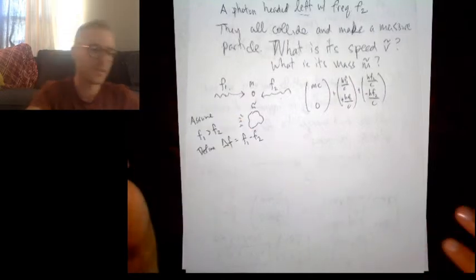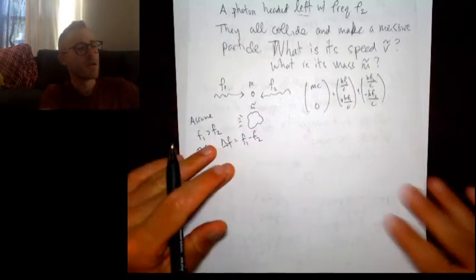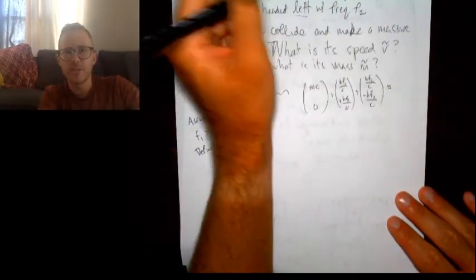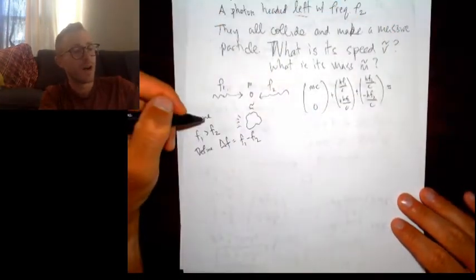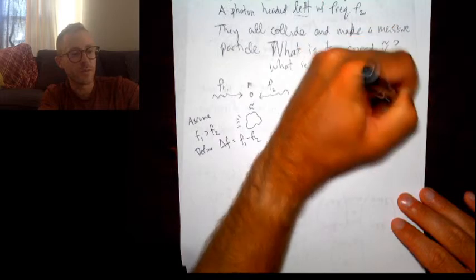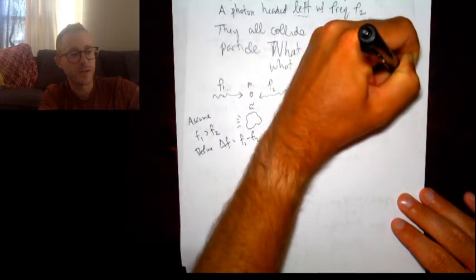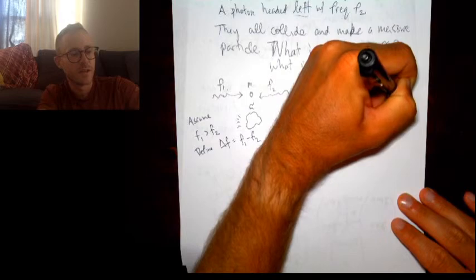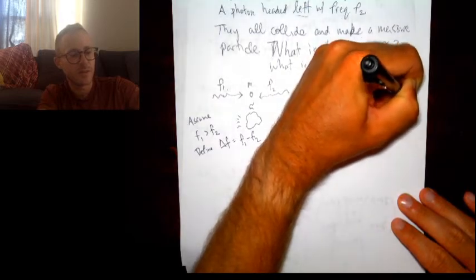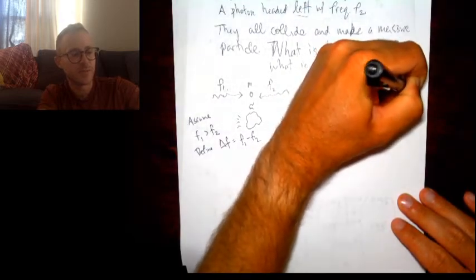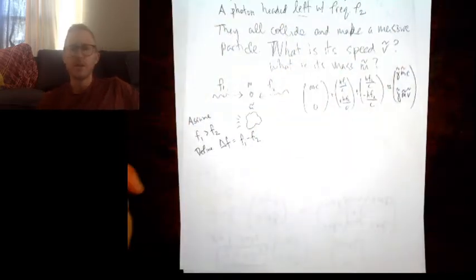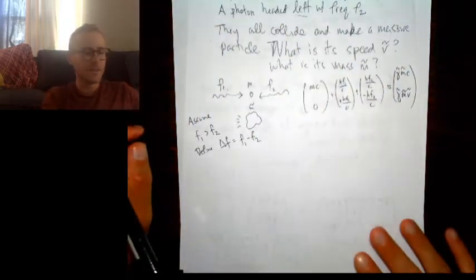That'll make it easy. Then this is equal to the composite particle's four-momentum, so that's going to be gamma squiggle m squiggle c, gamma squiggle m squiggle v squiggle.